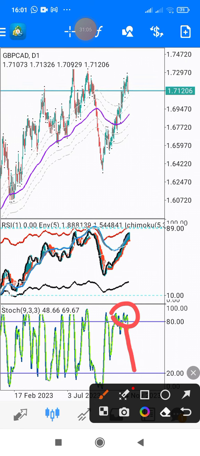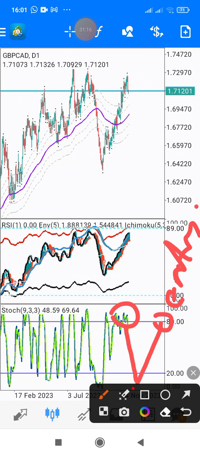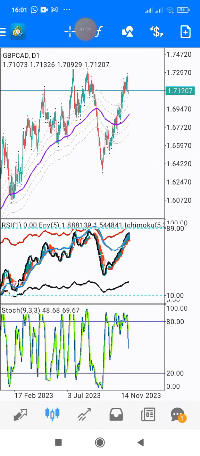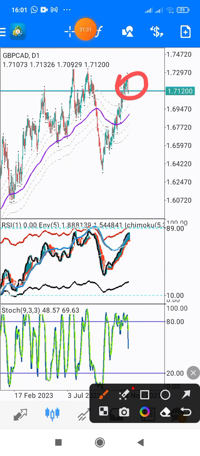We are waiting for this market to come. Then when it comes back, that is where we'll make entries here. Entry. When this one has totally changed and this one has crossed over that one, that will be a very, very safe entry. You can enter at this region, but it is very risky.